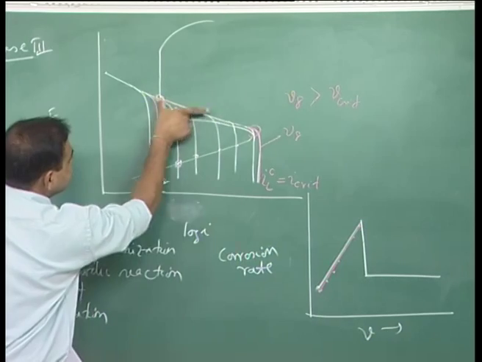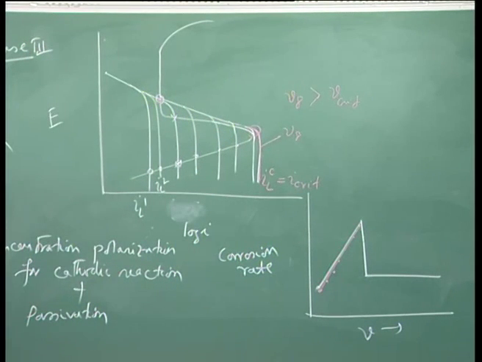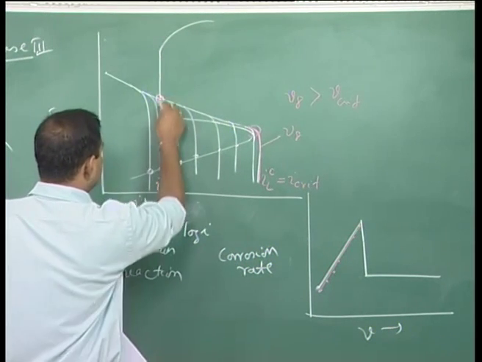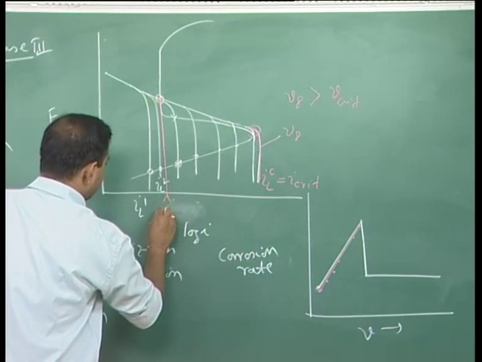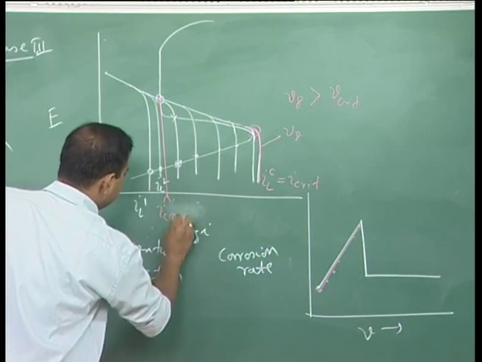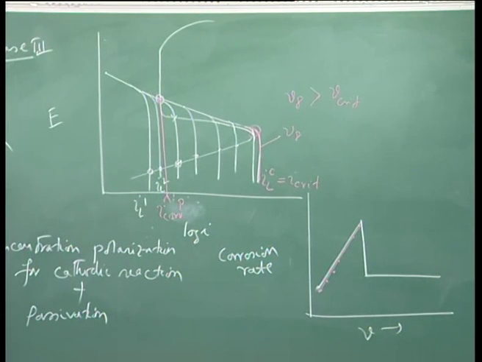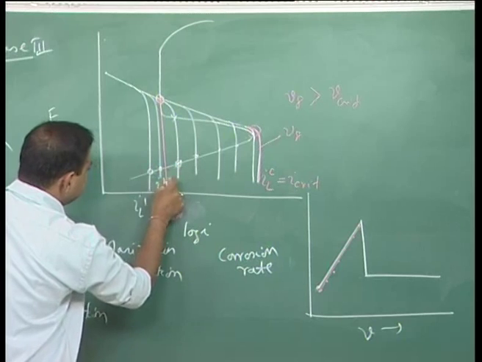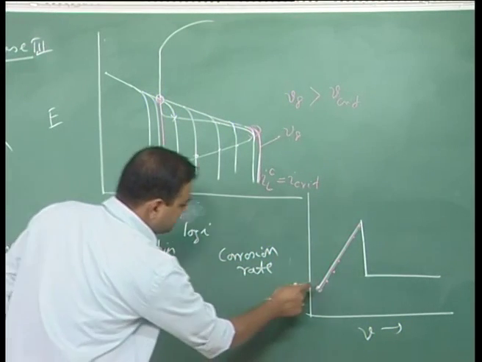If you compare these 2 points, it has a very, very low corrosion current. So, I will reach the level of my new corrosion current, I corr, and I am putting P here because this corresponds to the passive zone, and this would lie between the second point and the third point.